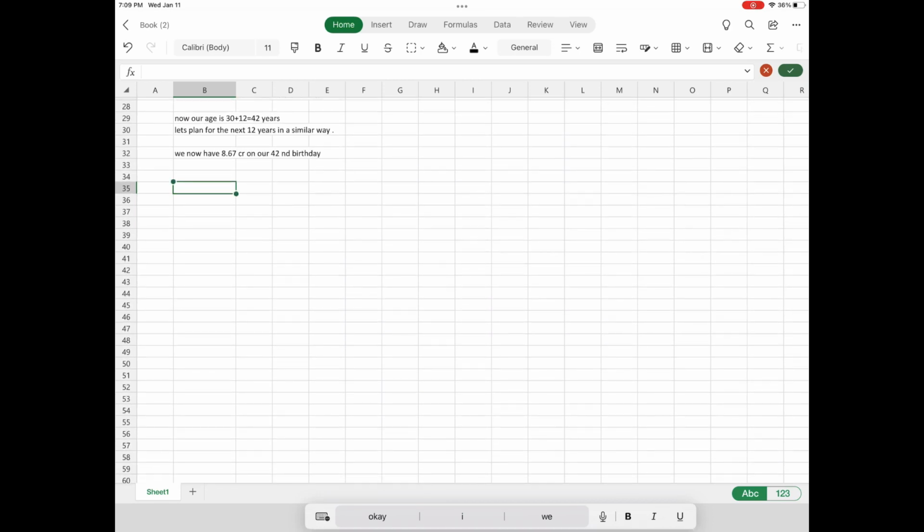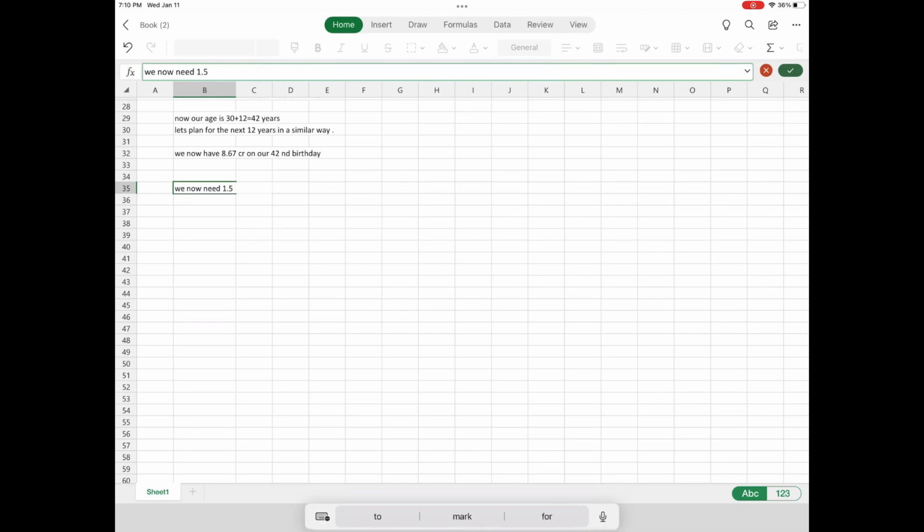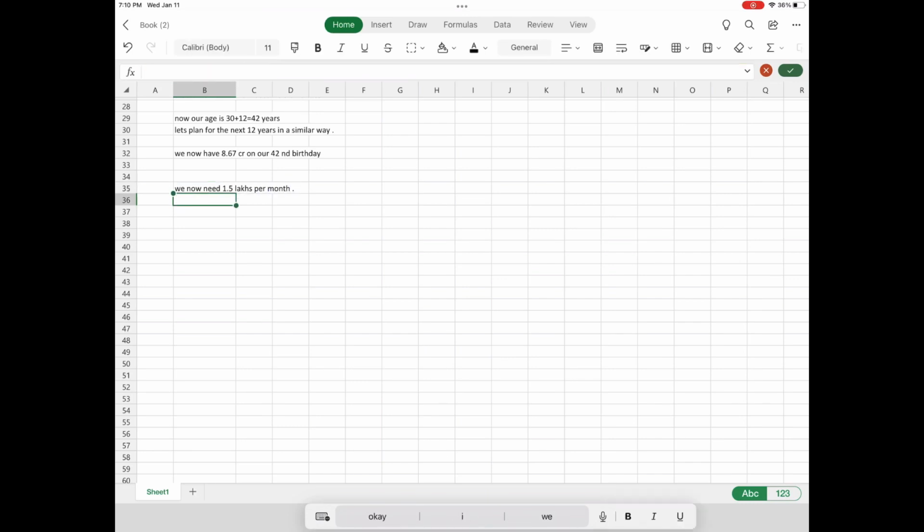So some part in the bank which I am going to put. For that, let us back calculate and see how much of this 8.67 I require. So let us talk about our expenses. How much expense do we require? For the first 12 years, on average we took 1.5. But for the next 12 years, correcting for inflation, we are going to take 1.5 multiplied by 2, because every 12 years the value doubles.